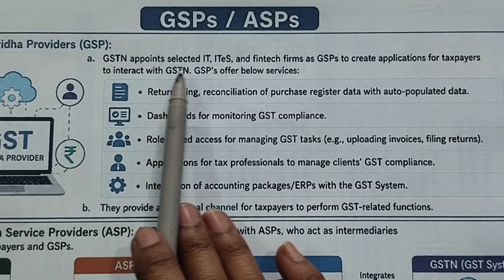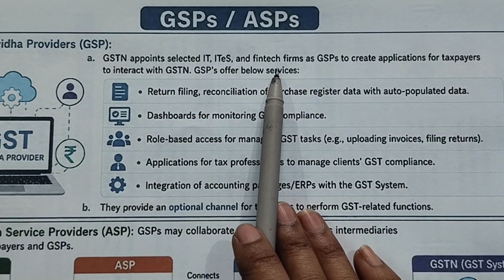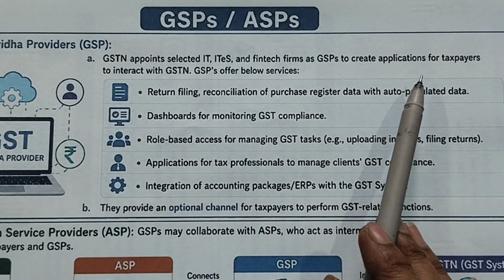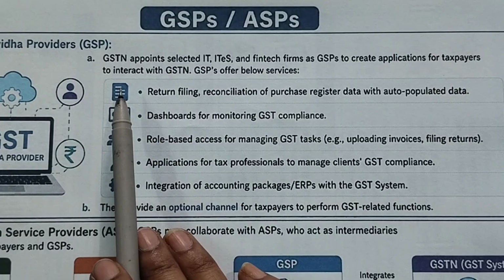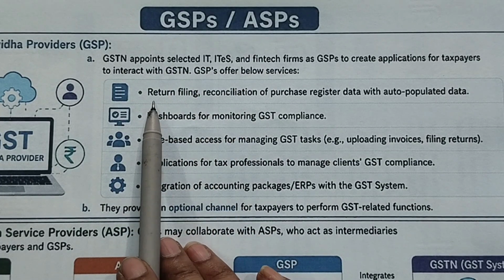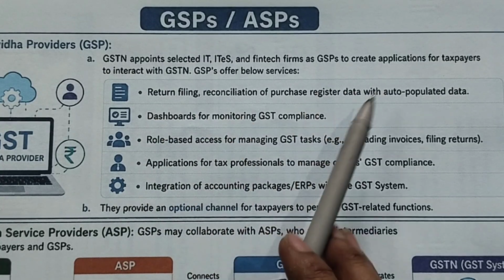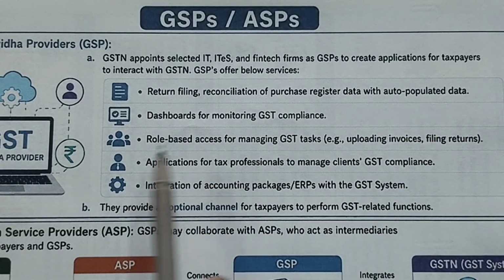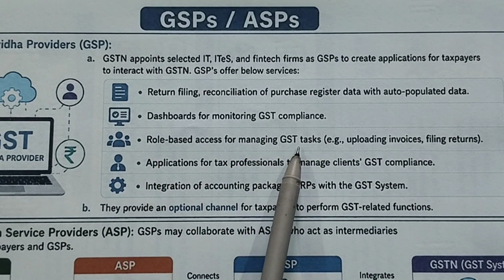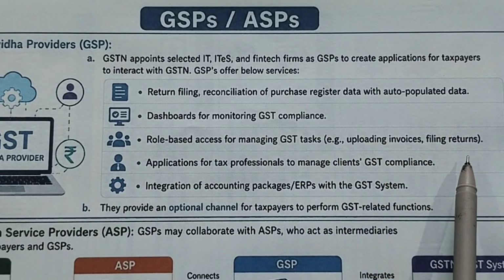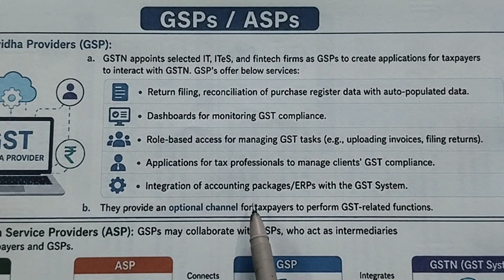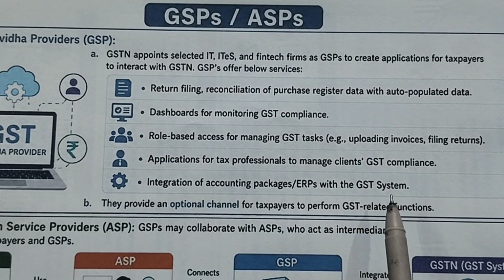See, GSTN appoints selected IT and fintech firms as GSPs for creating the application for the taxpayer, which interacts with the GSTN, and GSPs offer these services: return filing, reconciliation of purchase registered data and auto populated data, dashboard for monitoring GST compliances, role based access for managing GST tasks, that is, uploading invoices, filing returns, application for the tax professionals, managing clients, and integration of accounting packages and ERPs with the GST system.